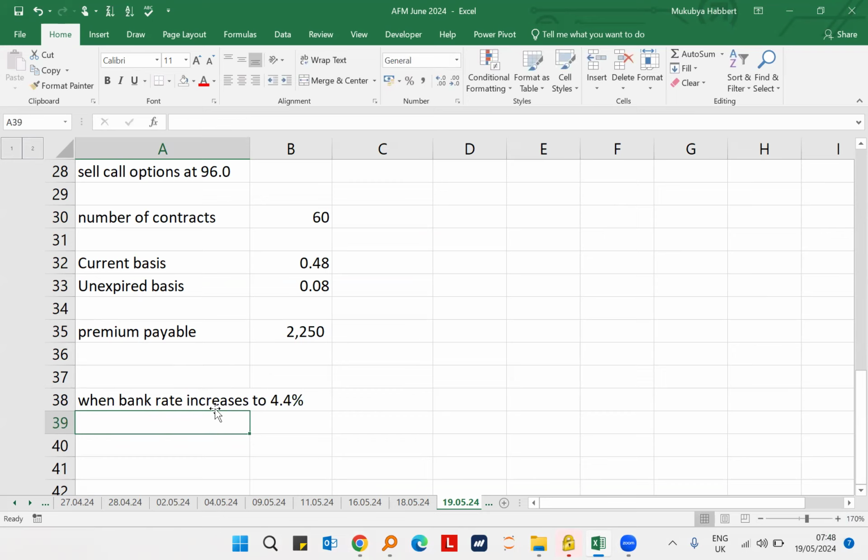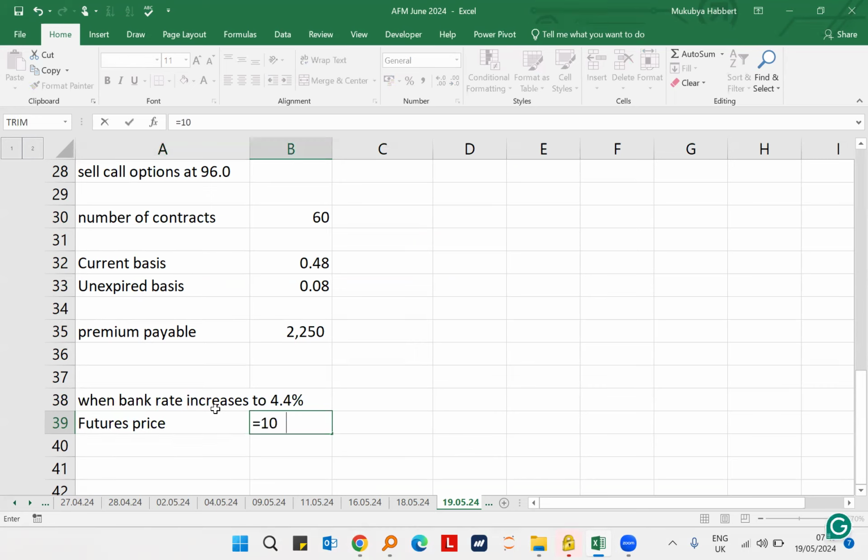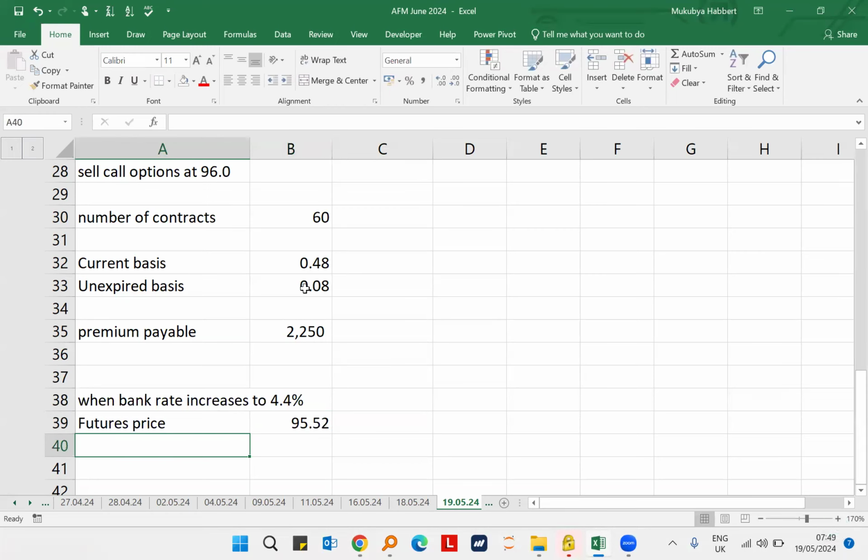So what will be now the futures price at that point? It will be 100 minus 4.4 minus the unexpired basis of 0.08. So it will be 95.52.